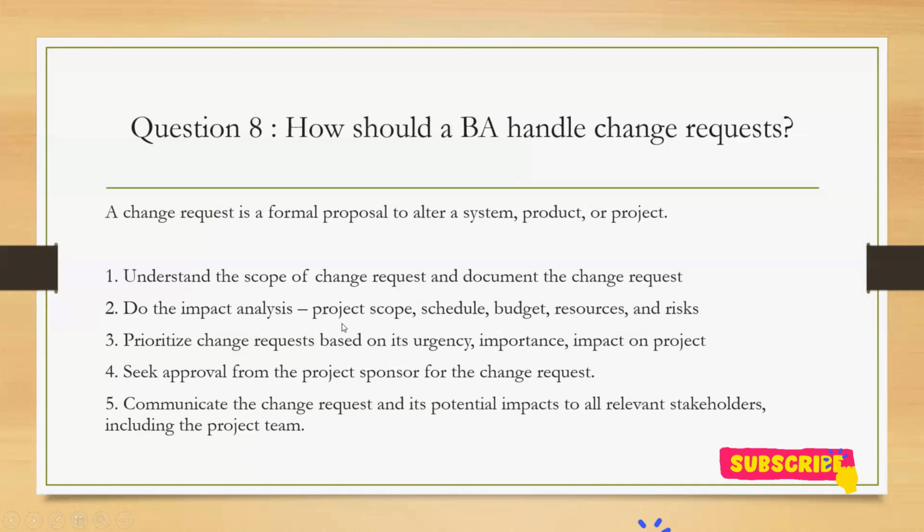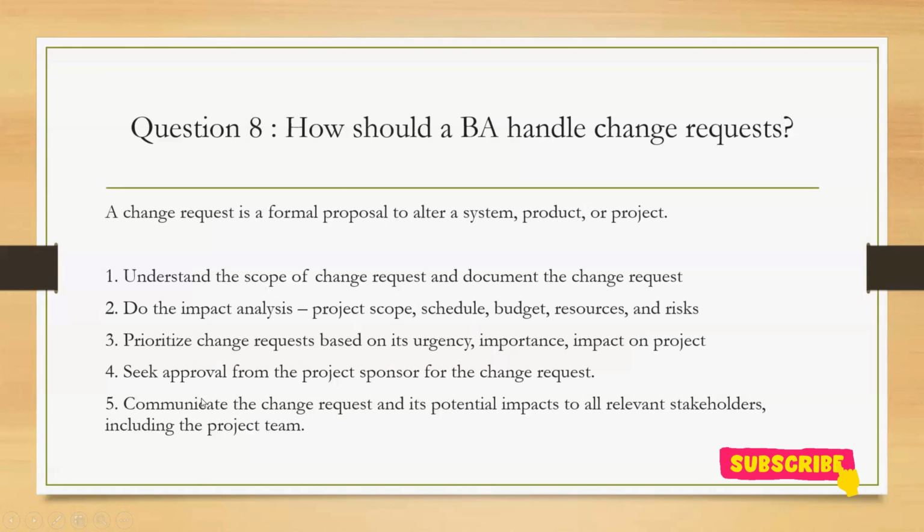Okay. Then once every analysis is conducted, we prioritize the change request. There might be a lot of change requests which you might get, so we prioritize them based on the urgency, importance, and impact on the project. Once you have done every such analysis and prioritized the change request, what is the next step?